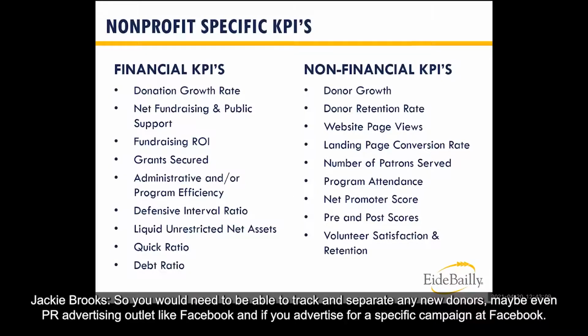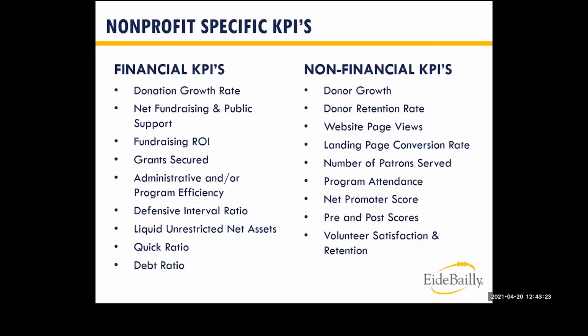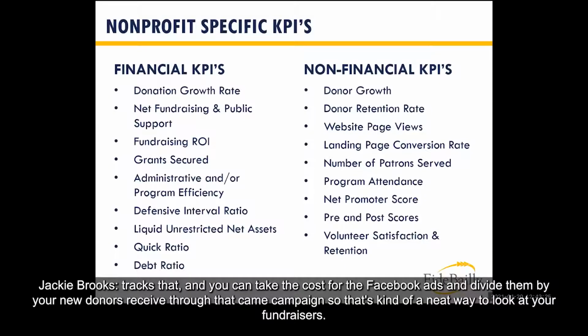So you would need to be able to track and separate any new donors, maybe even per advertising outlet like Facebook. If you advertise for a specific campaign, Facebook tracks that, and you can take the cost for the Facebook ads and divide them by your new donors received through that campaign. So that's kind of a neat way to look at your fundraisers.